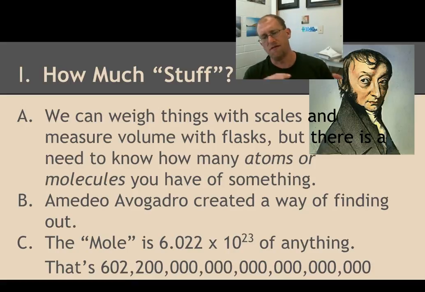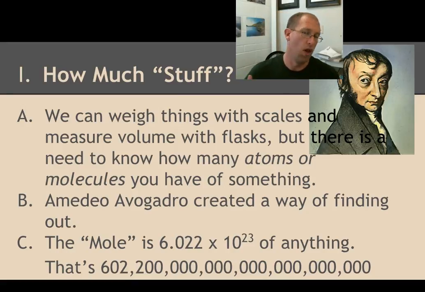And so he determined that the number, actually he didn't finish the work, it was done afterwards and then named after him, or he got the credit because he did most of the work, but the number was 6.022 times 10 to the 23rd, and that number is going to become very, very familiar with you as we go forward in chemistry. 6.022 times 10 to the 23rd of anything is a mole of something.